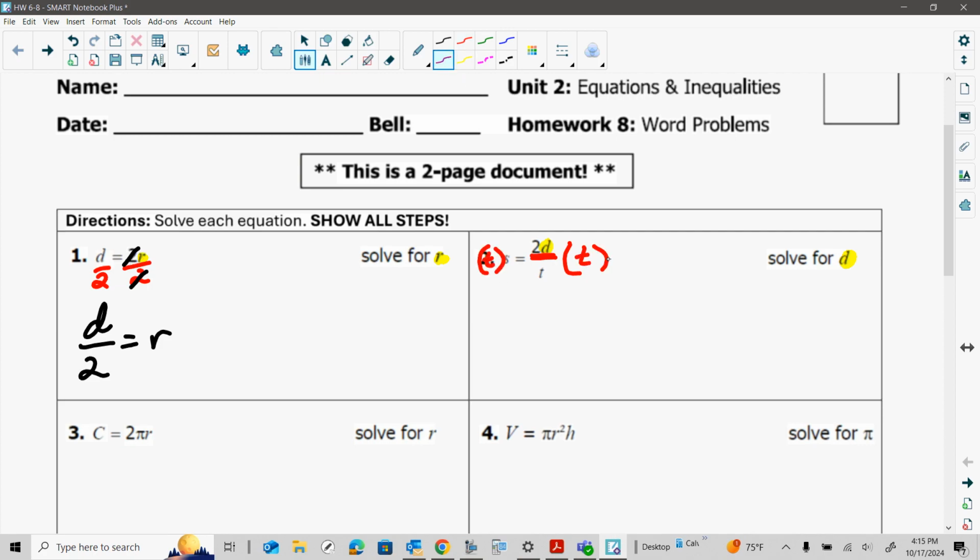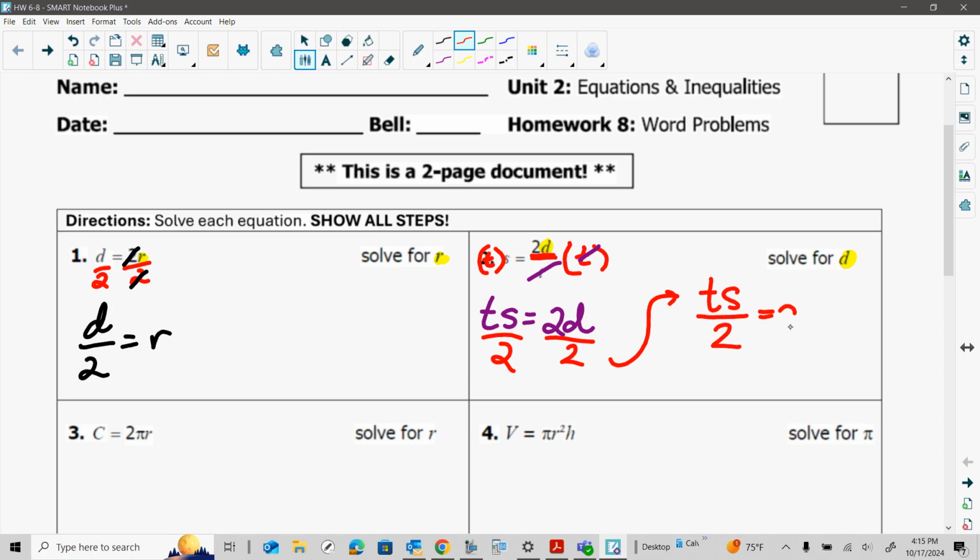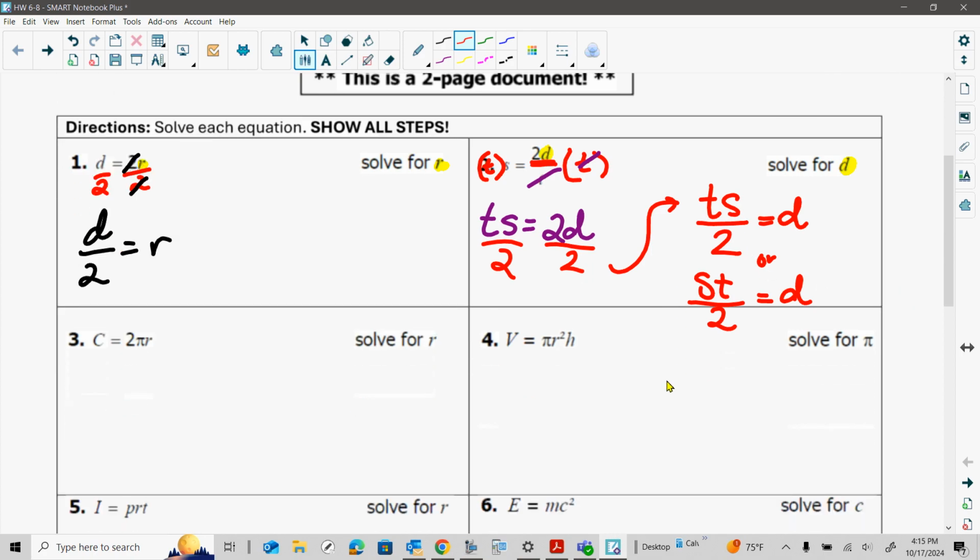So what's happening here is this t cancels, and we have ts equals 2d. And now we can isolate the d by dividing both sides by 2. So you can have ts over 2 equals d, or you can write st over 2 equals d. They mean the same thing, okay? The order of the letters, I'm not going to take off for something like that, okay?